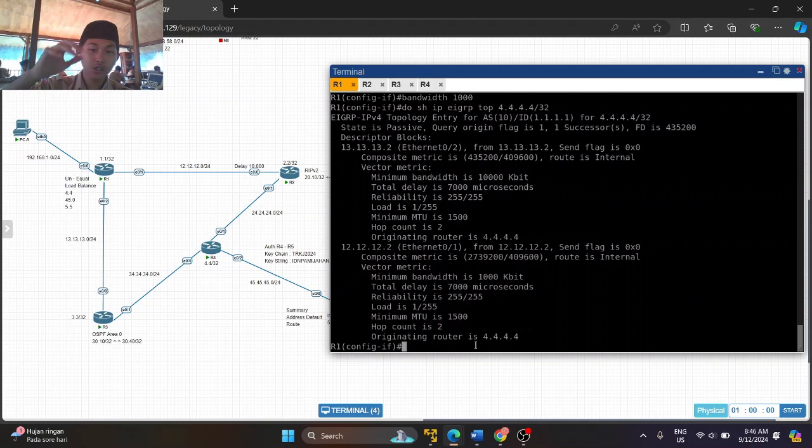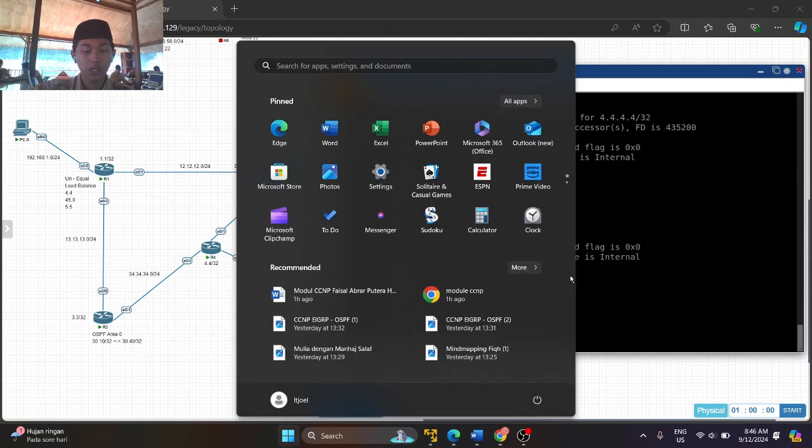Okay, so here let's divide the metric of 12.2 and the metric of 13.2 to decide the variance, because we will set unequal load balancing.